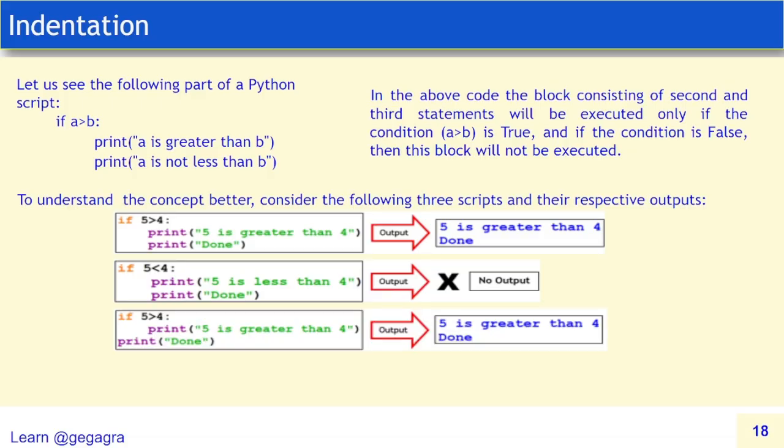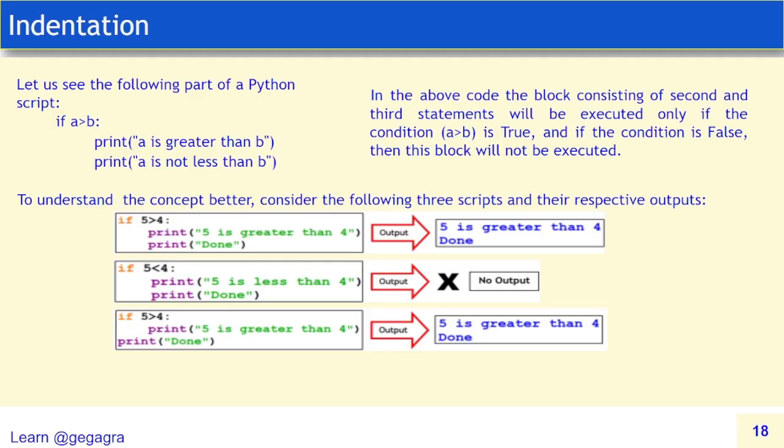Next example, 5 greater than 4, but the block which is coming under this condition is only print 5 is greater than 4. So this statement will be printed only when 5 is greater than 4, and print done will also be printed because this is not under the scope of the condition. The if and print done are on the same margin, and that is why they are executed one after the other.